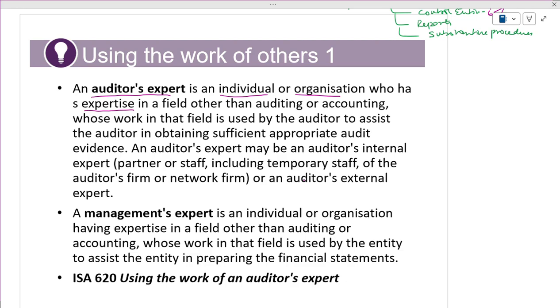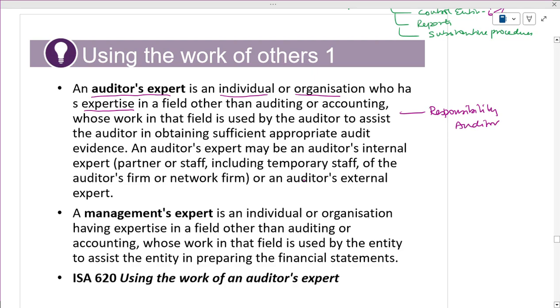Then I can ask a person who has qualification, experience and expertise in banking with an audit background, and ask him to do the work for us. But the responsibility lies with the auditor. Keep it in mind: the ultimate responsibility is with the auditor. That is the bottom line.